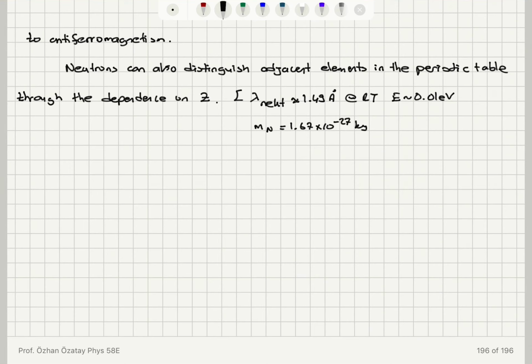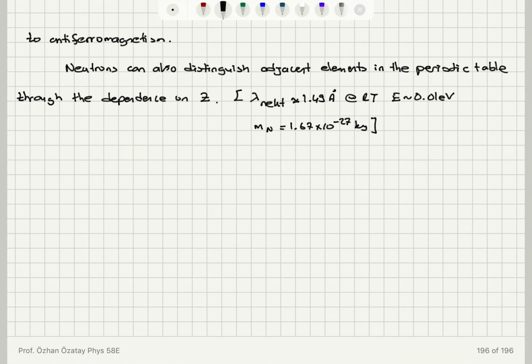So you can calculate that for 0.01 eV, or 10 milli electron volt neutrons, that is roughly the wavelength that you obtain. An angstrom-scale wavelength is sufficient to distinguish magnetic moments separated by a distance of the order of atomic spacing, the lattice constant, which is of the order of angstroms as well.